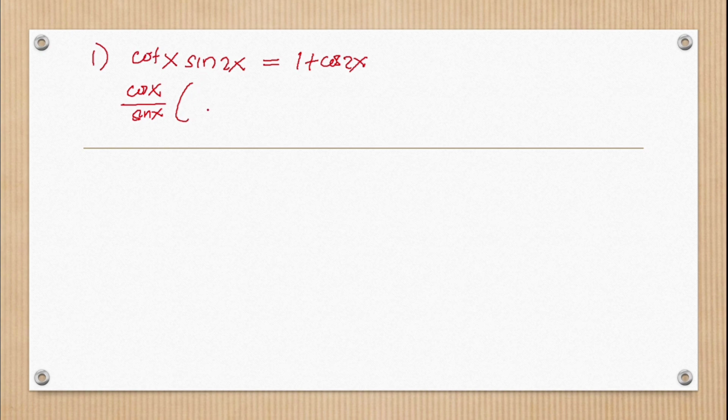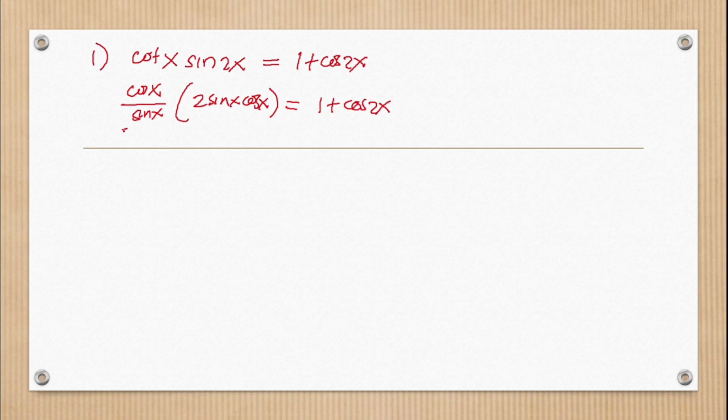In number 1, we have cot x sine 2x is equal to 1 plus cosine 2x. So cot is equal to cosine x over sine x, and sine 2x is equal to 2 sine x cos x, is equal to 1 plus cos 2x.